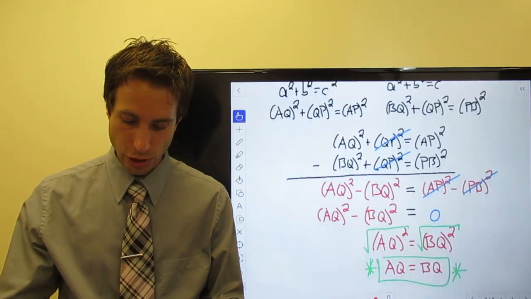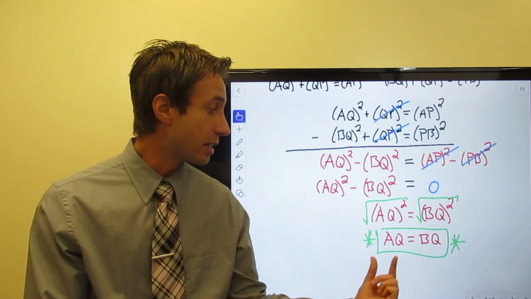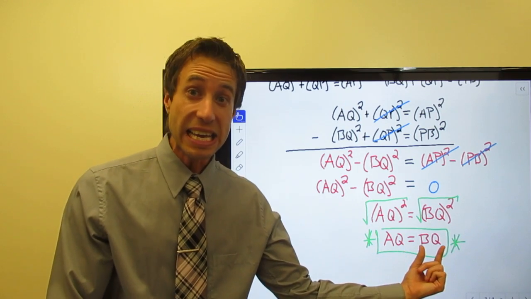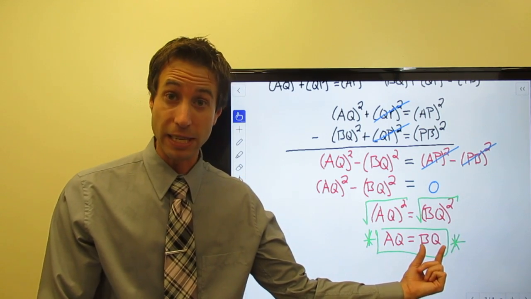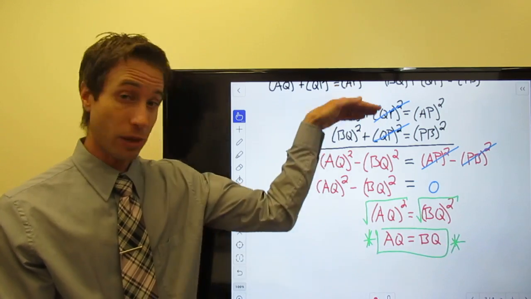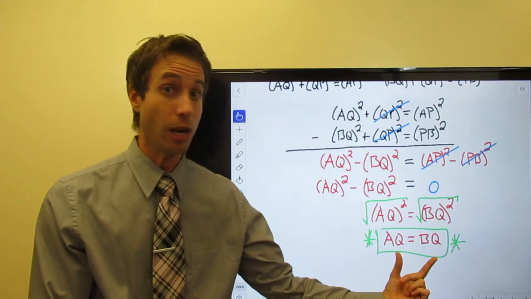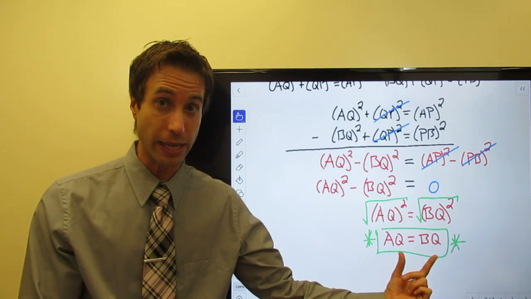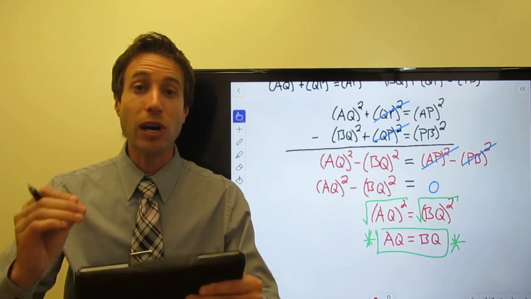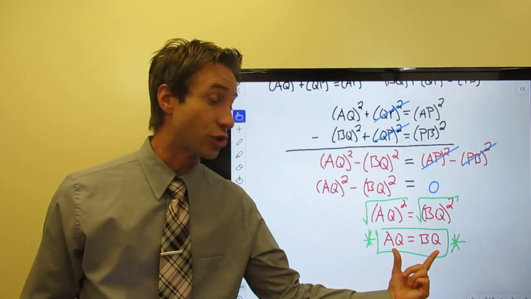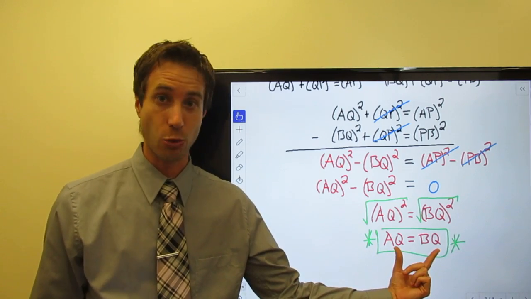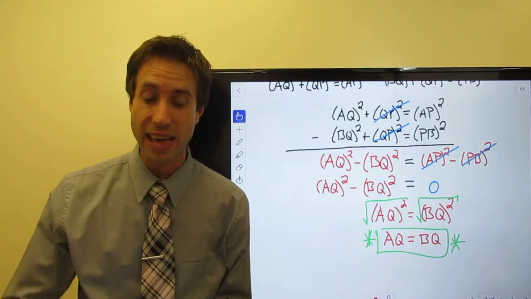But look what we just showed. We just showed that AQ is equal to BQ. I just did a whole bunch of algebra that's perfectly legit and showed those two segments are congruent. So I have now come to a contradiction. I assumed these segments were not equal, but I just showed that they are.